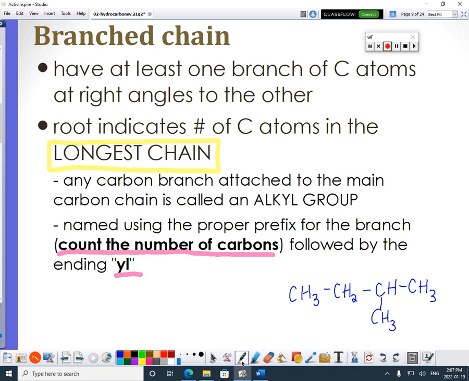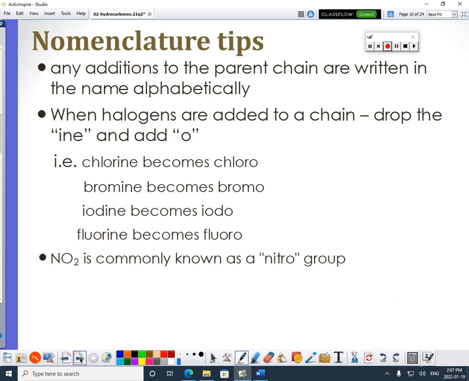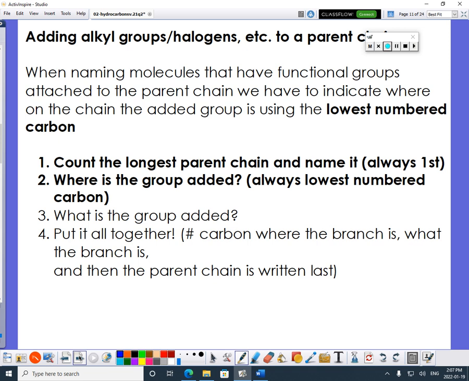So eventually, we're going to talk about a few more things you can add, but you can see these here are bolded. These are like the golden rule of organic chemistry. Count the longest chain. If there's something attached, it has to be on the lowest numbered carbon.